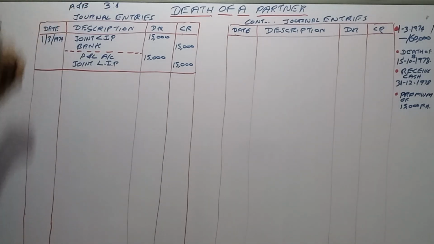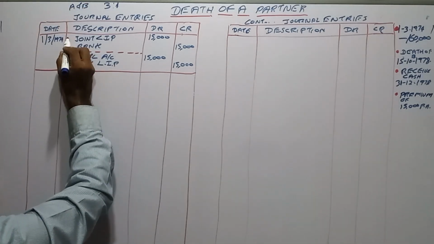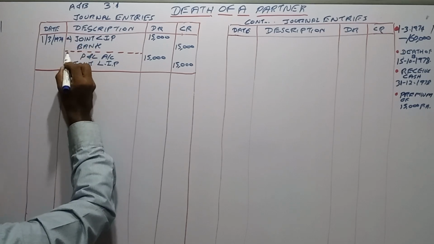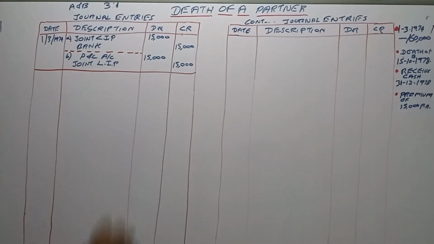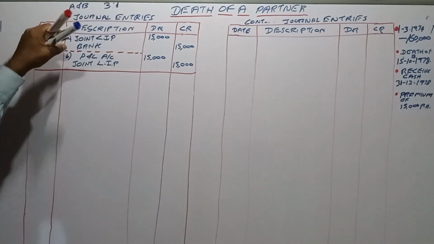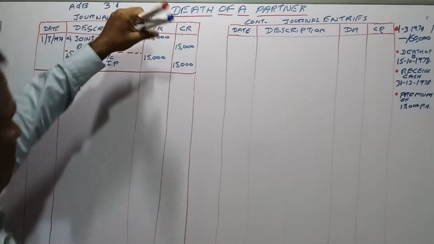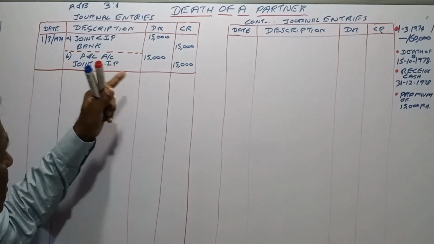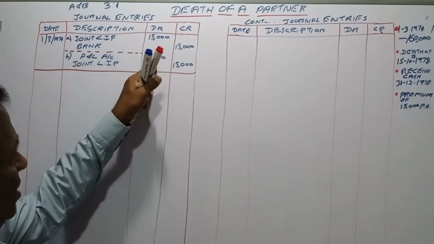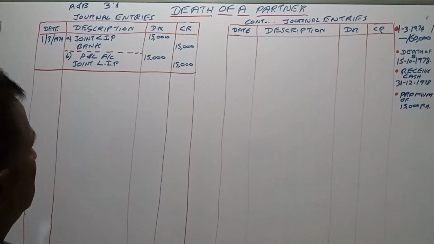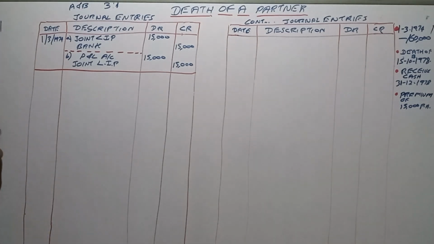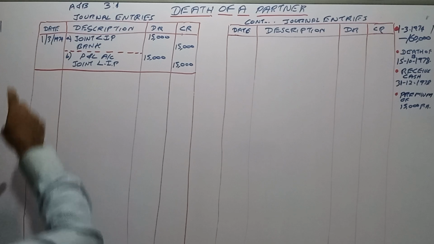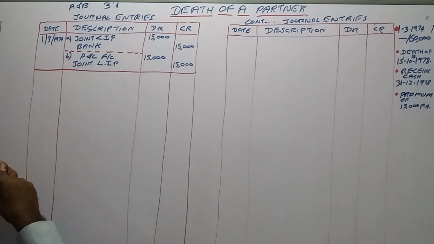This is entry A, and this is B. In A, we are making the payment. Joint life insurance policy payment is an expense, so we are charging it to the profit and loss account. Every December we have to pay, right?